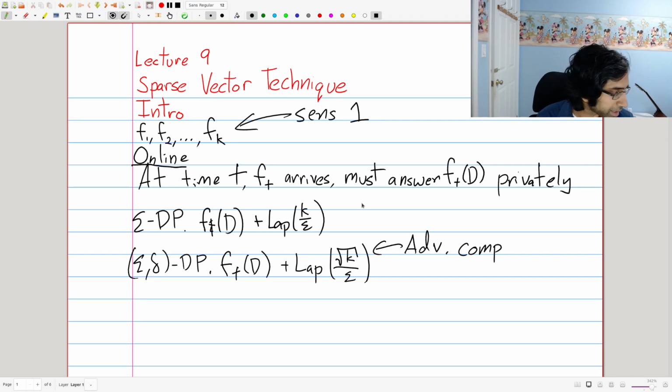So what do we want to say here? We can see that the error induced on each query is going to be order k over epsilon for this, and square root k over epsilon here. The point is that both of these errors introduced into the answers for our queries are polynomial in k. This is not bad, it's square root k, but it's still polynomial, which could be very bad, as we discussed last lecture, if the number of queries we want to answer is very, very large.